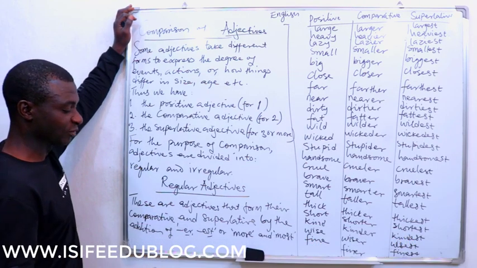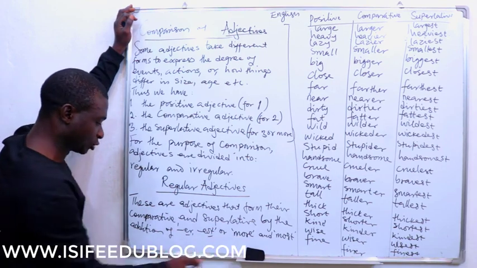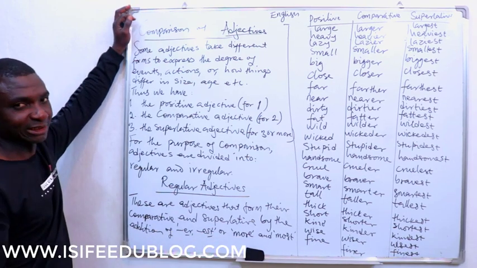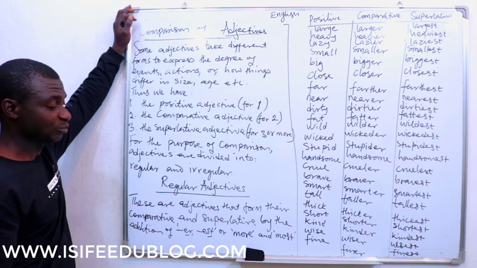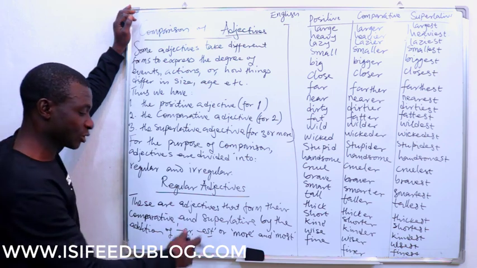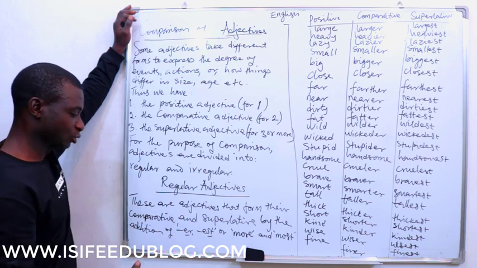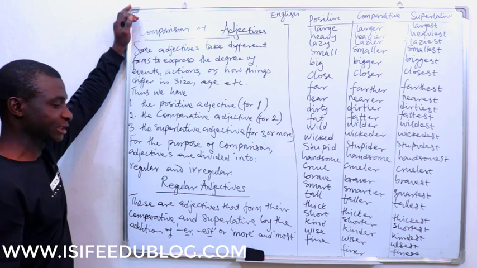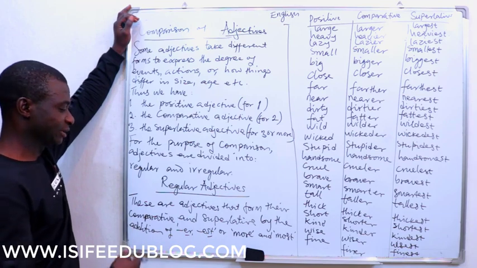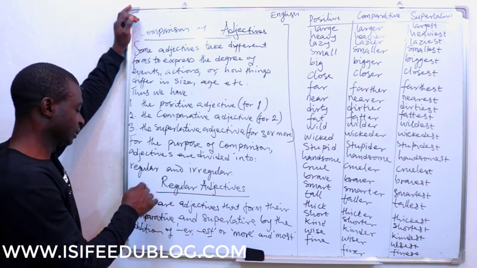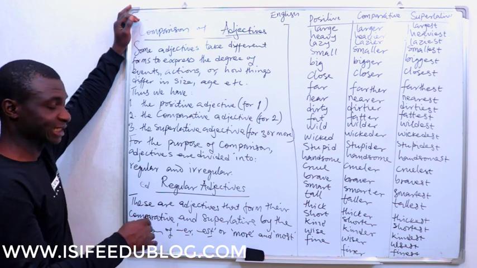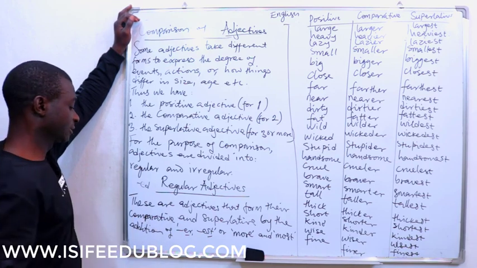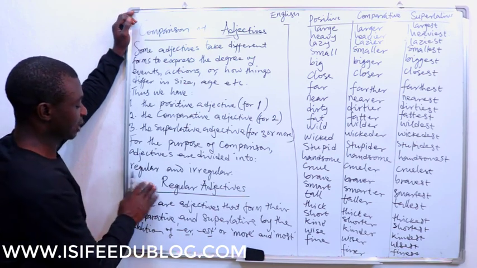Some adjectives will prefer the use of more and most to do the job of er and est. Whichever one, you can predict when to use more and when to use most. That is why we call them regular. It's like the regular verbs where we add ed to form the past tense and the past participle.